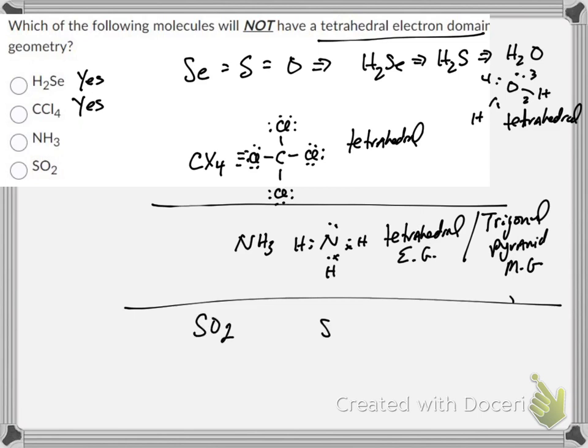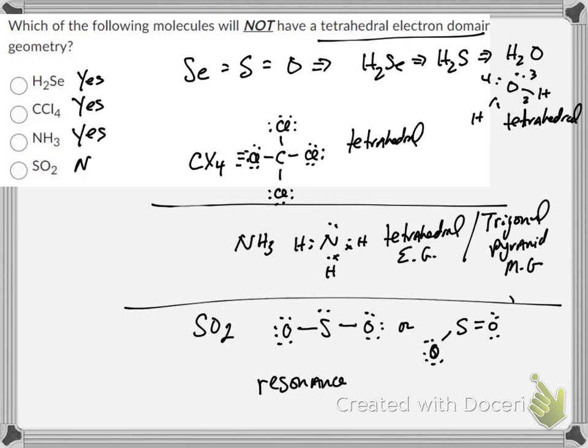The final one is the tricky one. When we try to build the Lewis structure, which we did in class, the problem was that oxygen had 8 electrons, but sulfur only had 6. So we delocalized to form a double bond here. Then we recognize this as a resonance structure because there's a single bond and a double bond, but it is not an electronic tetrahedron.